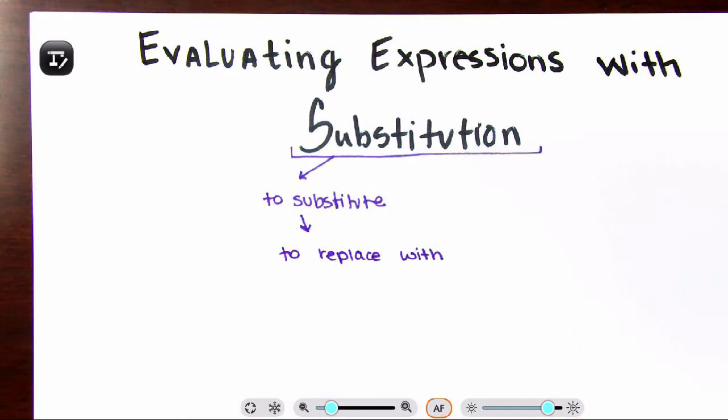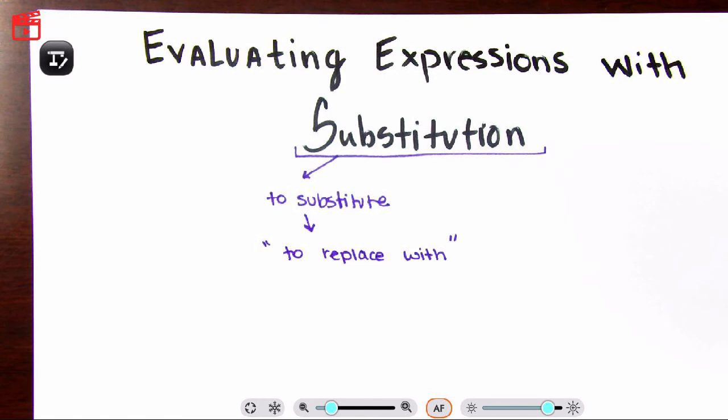We're going to replace something with something. Typically, we are replacing a variable with an actual number that it represents. So let's jump in and do some examples to see how evaluating expressions with substitution works.